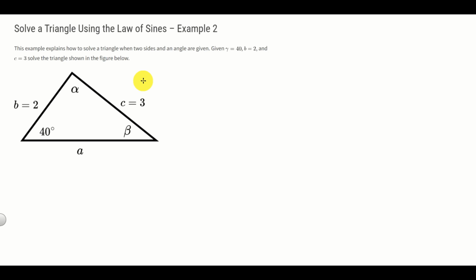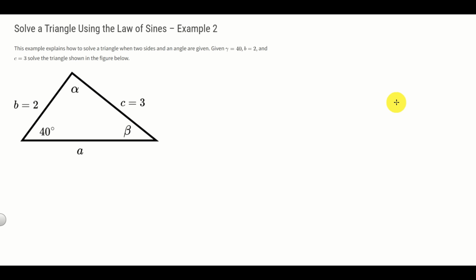Next, let's solve the second example. This example explains how to solve a triangle when two sides and an angle are given. In this case, we assume that the angle gamma is given and it's equal to 40 degrees, and we assume that two sides are given. This side is equal to 2 and this side is equal to 3.